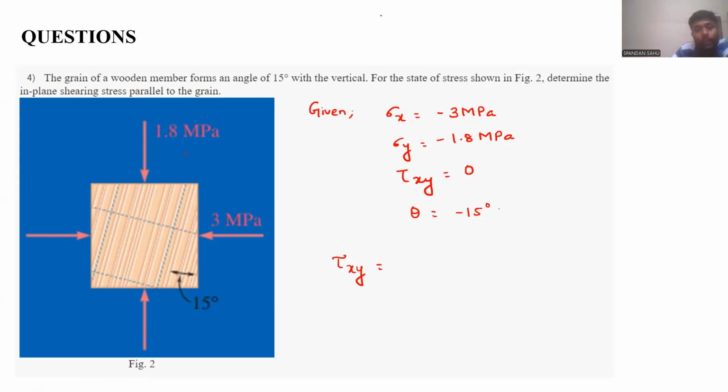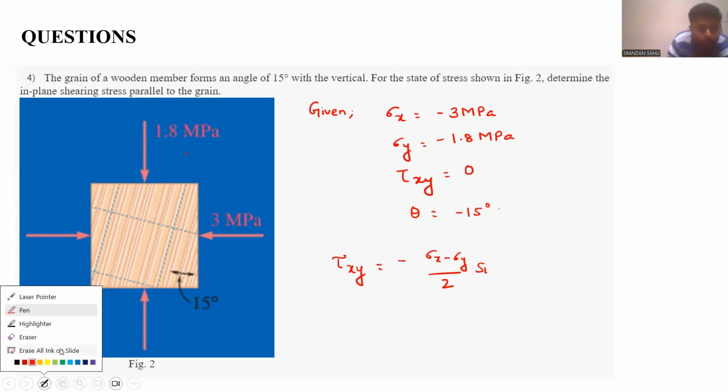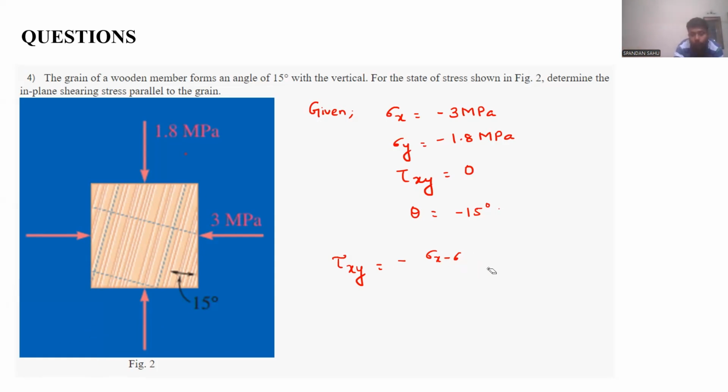So tau xy can be written as minus of sigma x minus sigma y upon 2 times sine 2 theta plus tau xy cos 2 theta.